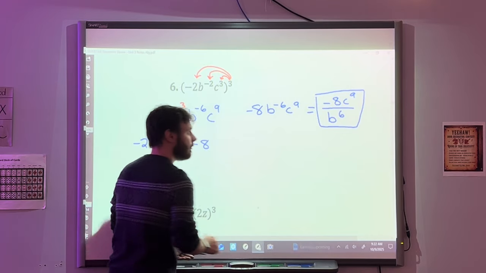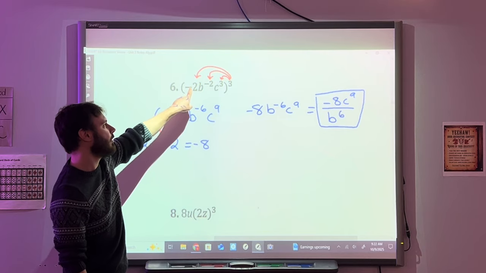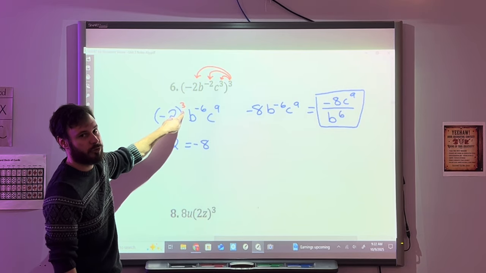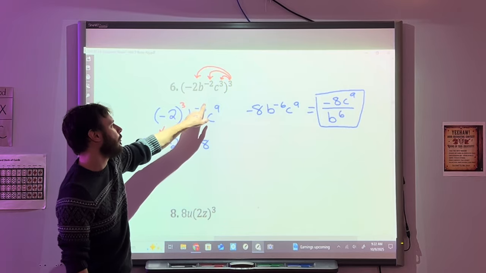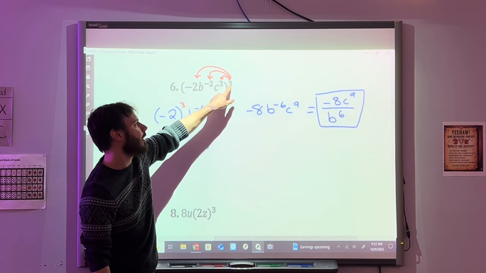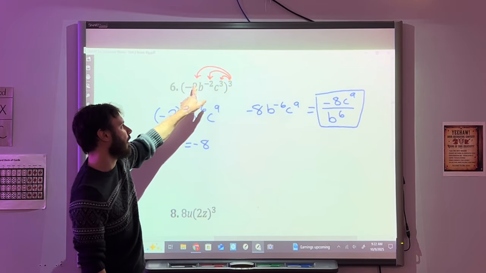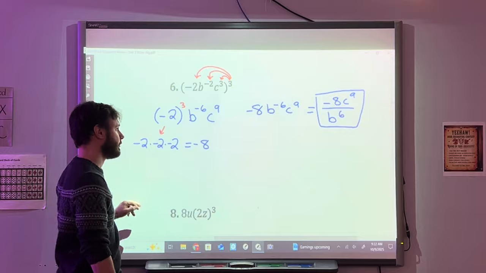All right, so to recap, when I bring things in, real numbers will get raised to that exponent on the outside, but the ones already attached to variables get multiplied. So raise whole numbers, multiply variables.